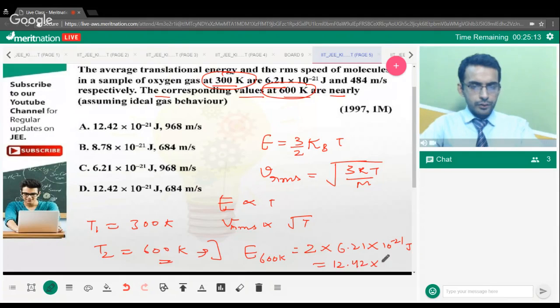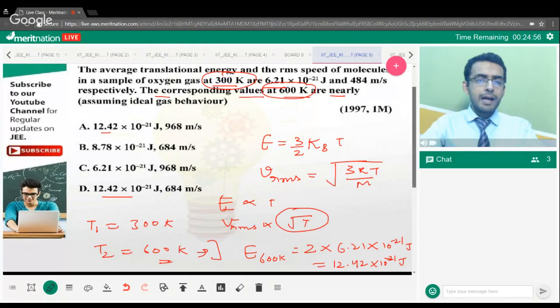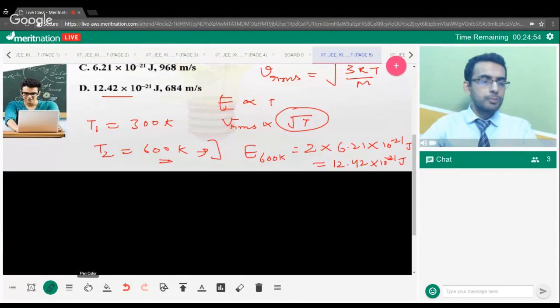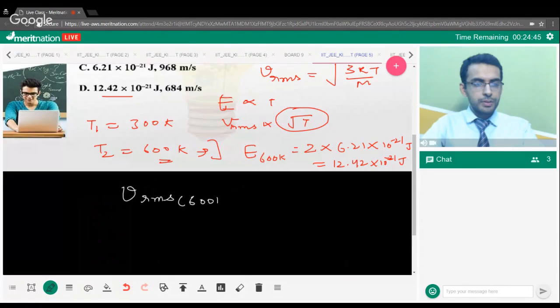12.42 into 10 raised to power minus 21 joules. Okay. Next thing, VRMS we have to find. Now there are two options, A and D contain the same thing. So what is the formula for VRMS? VRMS is proportional to root T. So new value of VRMS should be increased by root 2. So VRMS new at 600 Kelvin should be equal to root 2 times the given value.